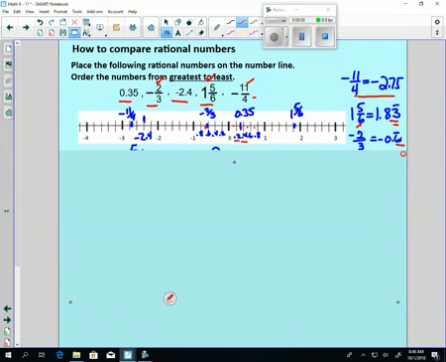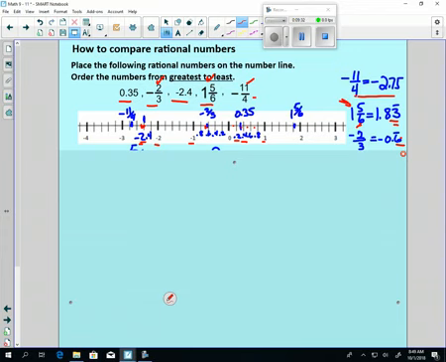-2 1/4. Here's -1, -2. So this is 0.2, 0.4. So this would be -2.4 right here. 1 and 5/6. We change it over here to 1.83. So here's 1, 0.2, 0.4, 0.6, 0.8.